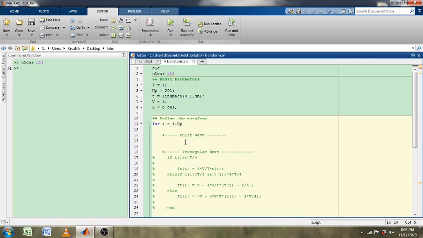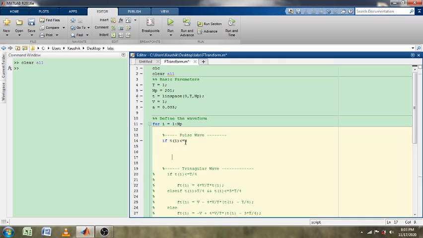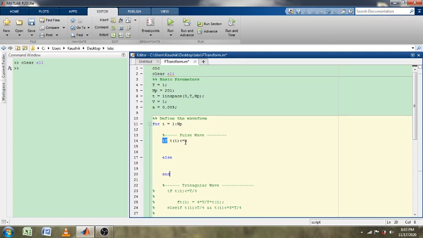So I'll make it simple. I'll say that if my time is less than or equal to some a, then something should happen, else something else should happen. If it is less than a, then my signal should be A plus V, otherwise my signal should be 0, right? This is as simple as that.